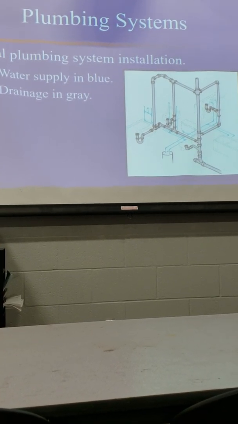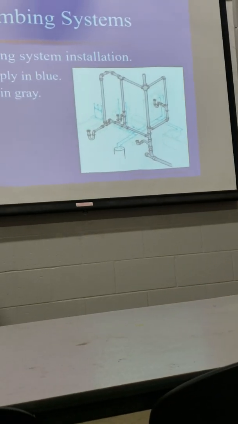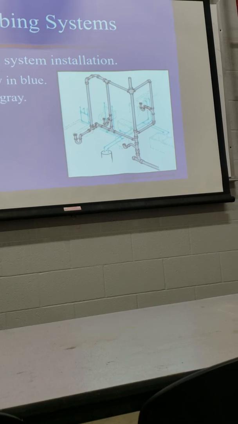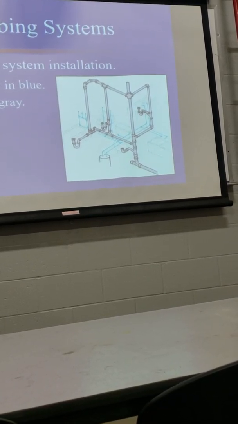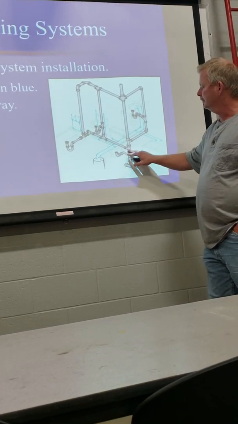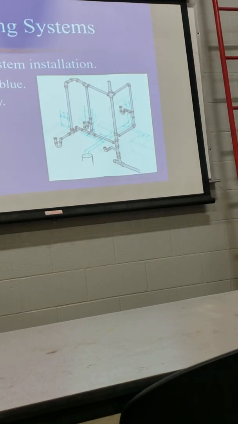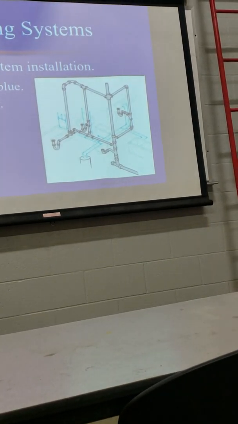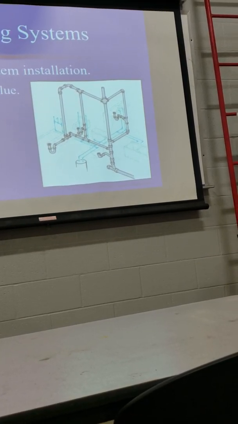Wet venting means that you are venting through the drain from another fixture, okay? So you got all these fixture drains that are coming down and actually putting water into the vent for the water flow. Alright, now, National Code allows that, Kentucky doesn't.